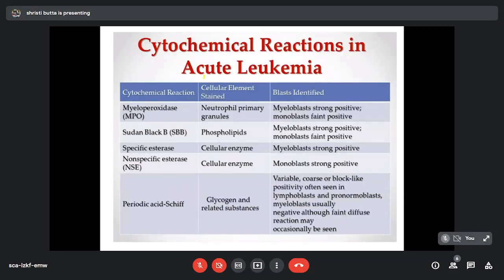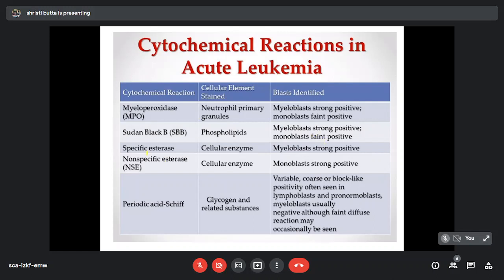Now, cytochemistry. MPO, that is the myeloperoxidase, which is also now used as an immunohistochemical marker, stains the neutrophil primary granules. It identifies basically the myeloblasts, which stain strongly positive, whereas monoblasts are faintly positive. Sudan black B or SBB stains the myeloblasts strongly and monoblasts faintly.